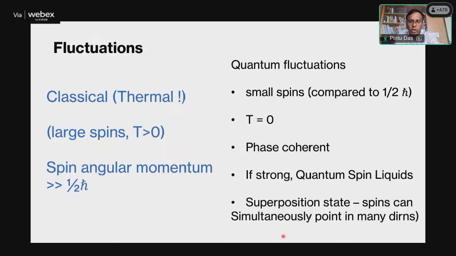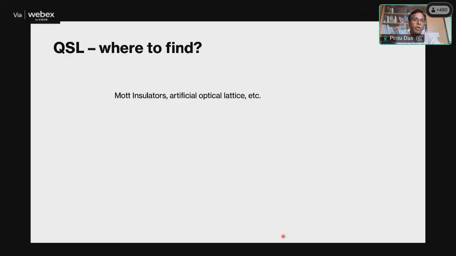I'll not go too much into details, but I believe on the first day of this lecture series there were discussions about quantum computing. I'll show you that these fluctuations can be understood from some entanglement between the spins, and these entanglements are important for quantum computing, and from that point of view these quantum spin liquids are interesting. Okay, I'll come to this a little later.